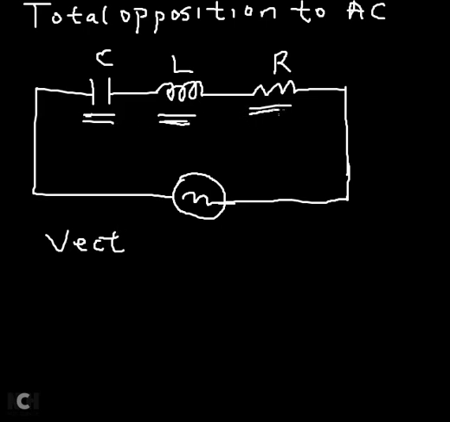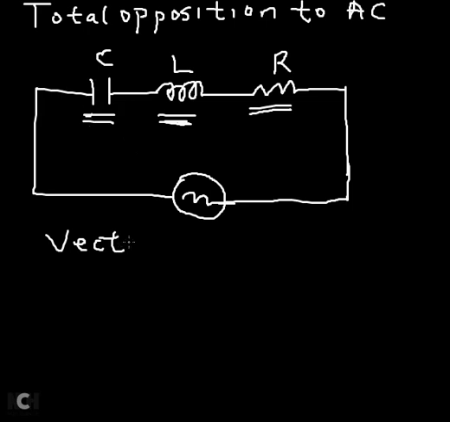For the resistor, the phase angle of the voltage is 0; the voltage doesn't have any phase angle with respect to the current. For the inductor, the voltage has a phase angle of plus 90 degrees with respect to current. For the capacitor, the voltage has an angle of minus 90 degrees with respect to current.